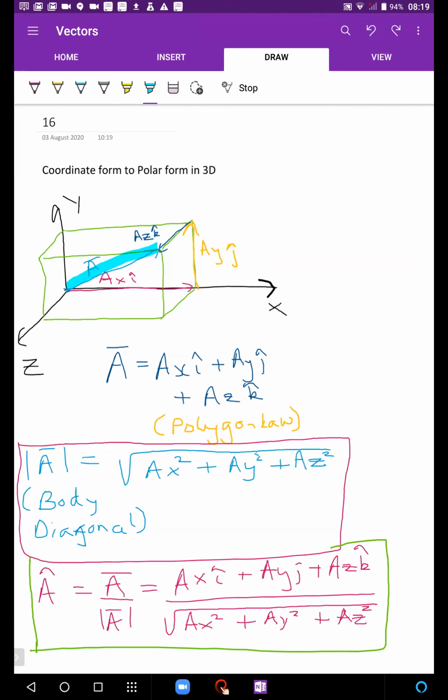Now, how do we find the length of the body diagonal? We just saw this. To find the length of the body diagonal, you have to perform root length square plus breadth square plus height square. Length is AX, breadth is AZ, height is AY, root AX square plus AY square plus AZ square.